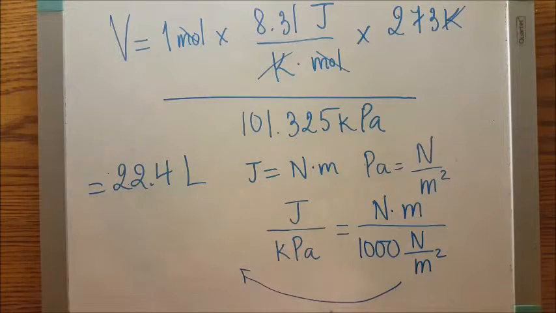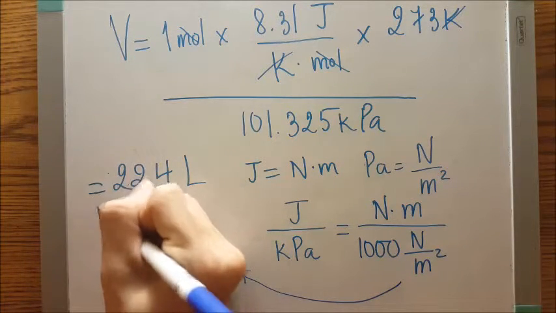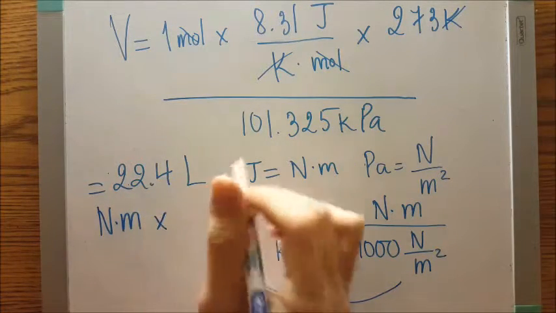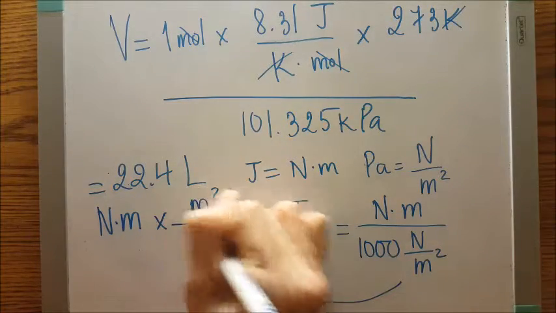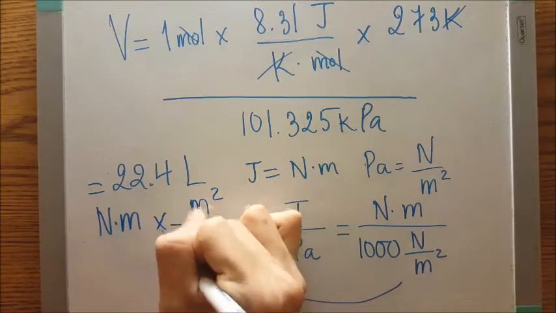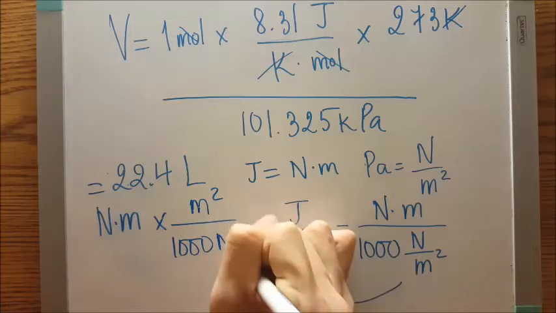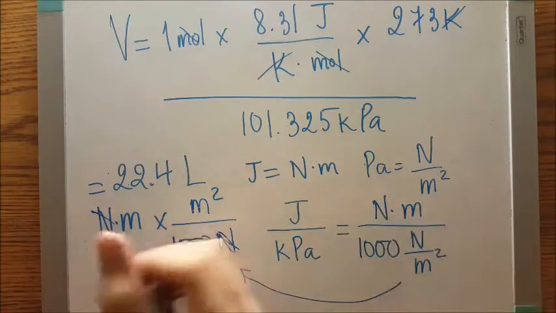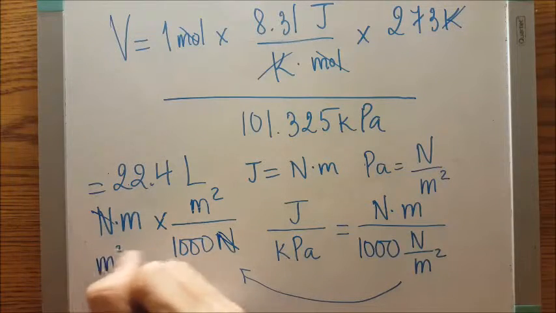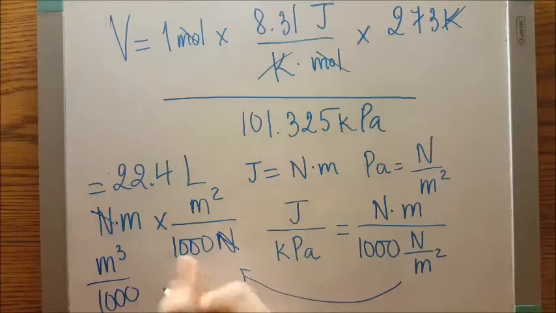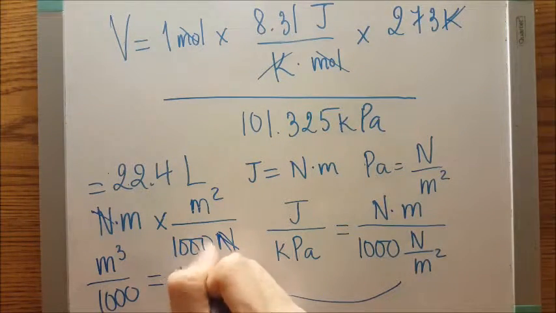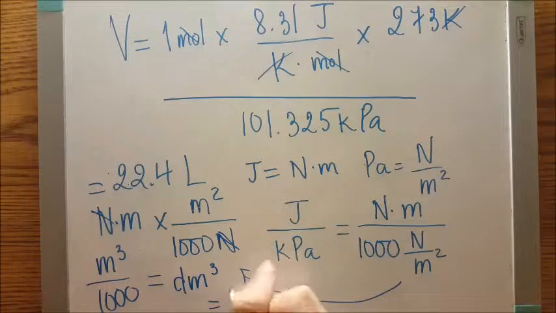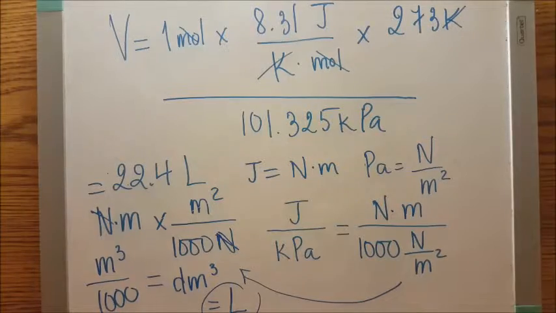And then we will multiply that reciprocally because this is a division of a fraction. We will have N times M times M squared on top and, switching up, 1000 N at the bottom. And the N cancels out, and then meter times meter squared will be equal to meters cubed, and at the bottom will be 1000, which is actually equal to decimeters cubed, which is equal to liters.